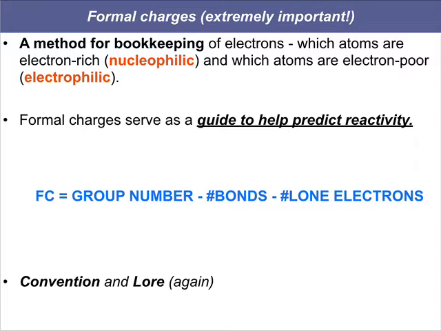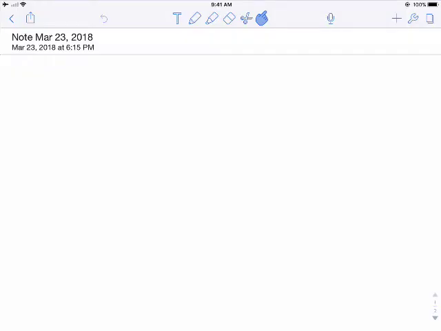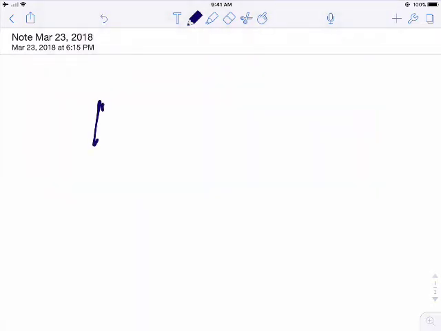I'm going to highlight how this works using ammonia and ammonium as sample molecules. So let's draw ammonia. We've done that before. Ammonia is NH3. So we start with the N. And remember, we went 1, 2, 3, 4, 5 for that.